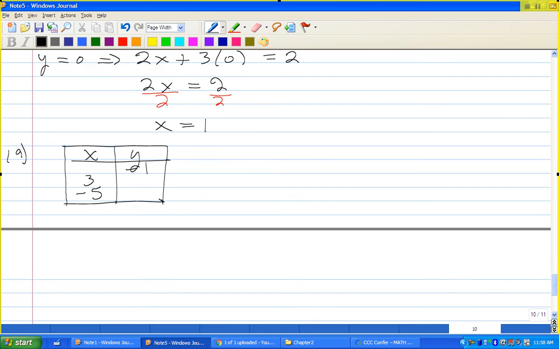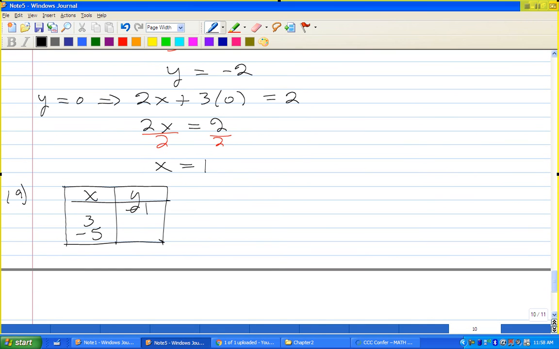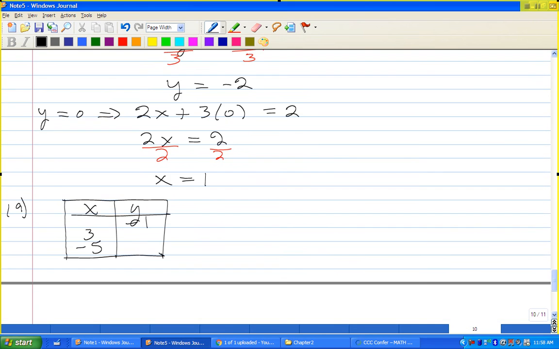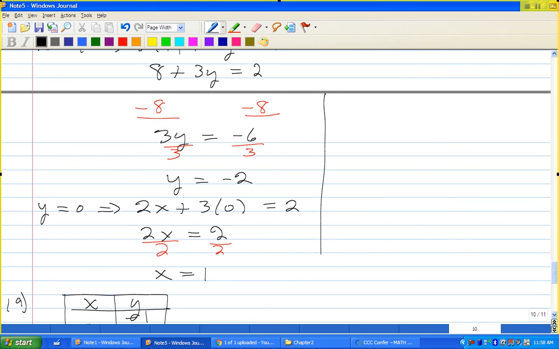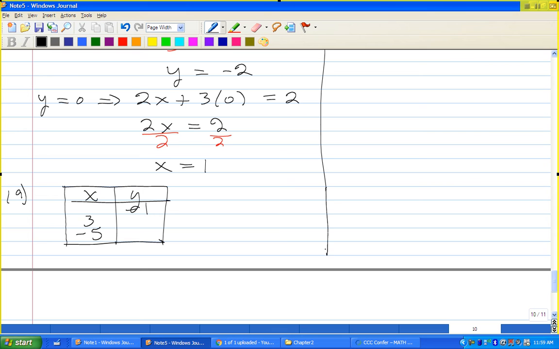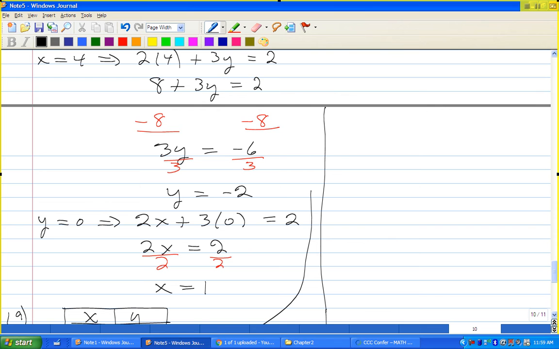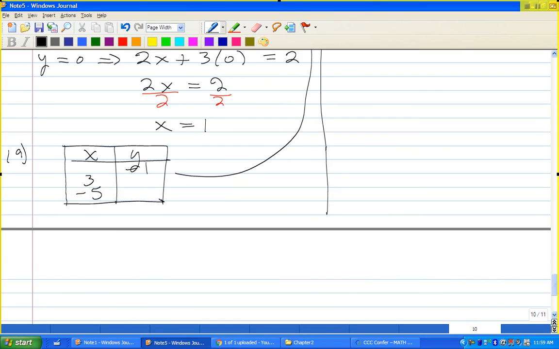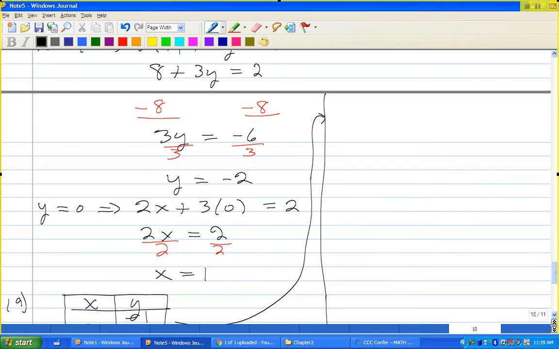And, start up here. Okay, so 19. 3x equals 1 plus 4y.